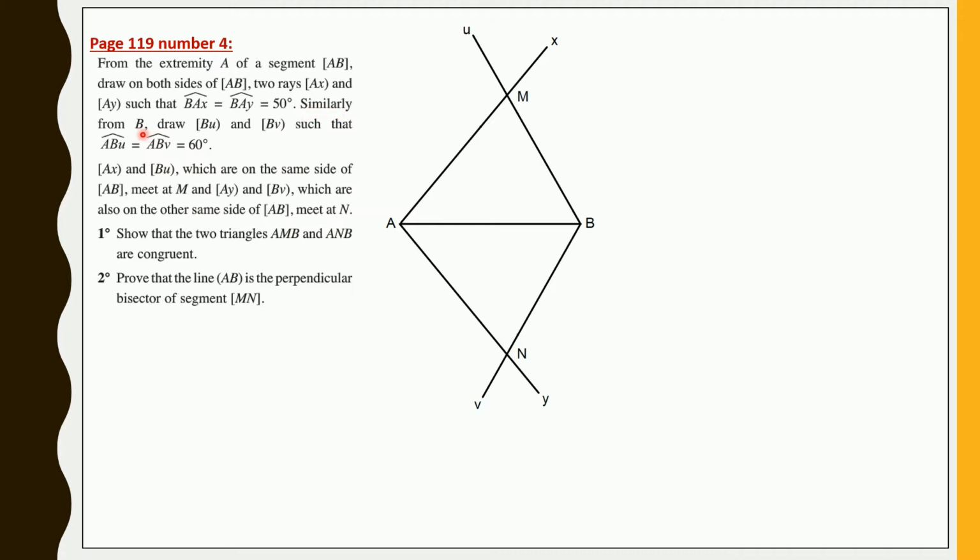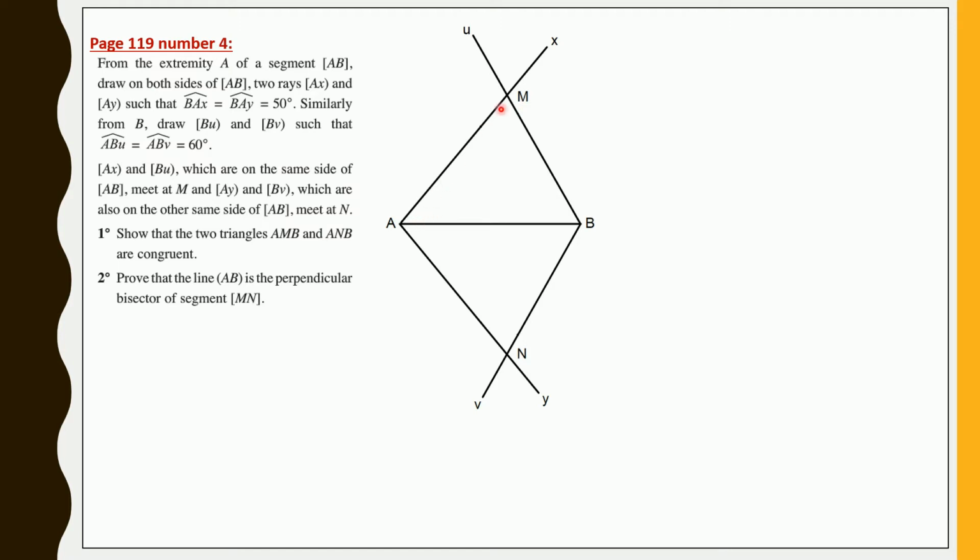Similarly, from point B, draw two semilines BU and BV also on both sides of AB, such that angle ABU equals angle ABV equals 60 degrees. AX and BU are on the same side of AB, so I have to draw BU on the same side as AX.